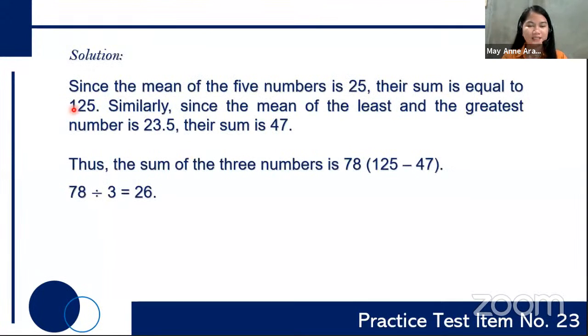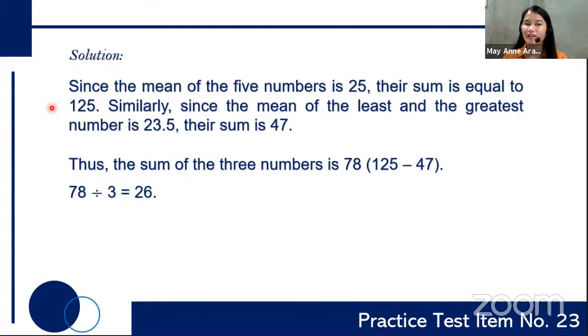So, let us have the solution. Okay? So, since the mean of the 5 numbers is 25, their sum is equal to 125. I-multiply nyo lang. 25 times 5, 125. That will be the sum. So, since alam yung mean din ang least and greatest, so we have 2. 23.5 times 2 is 47.